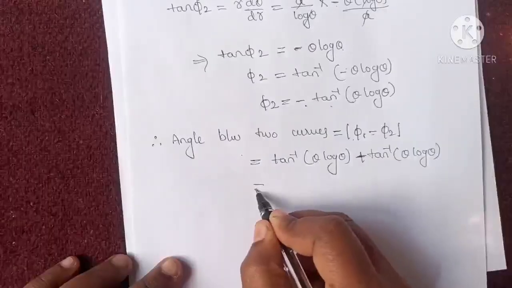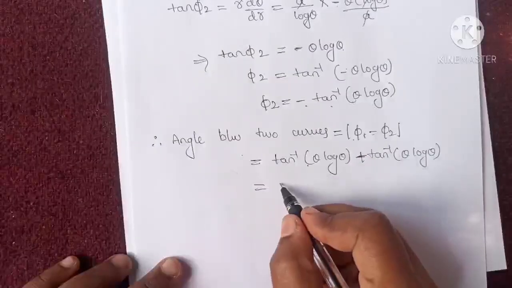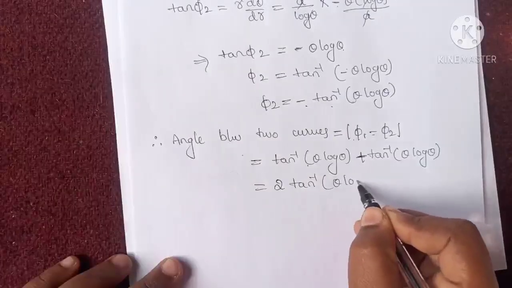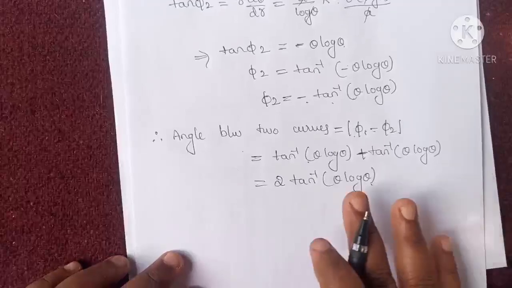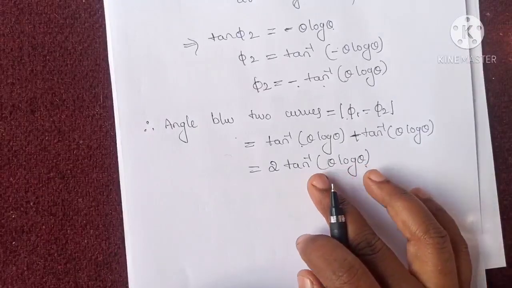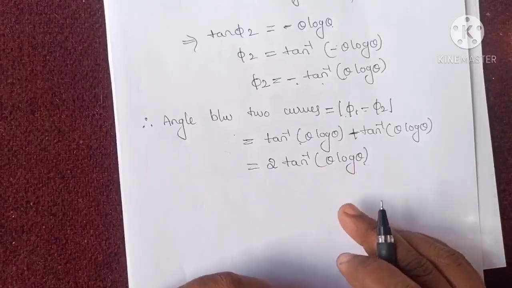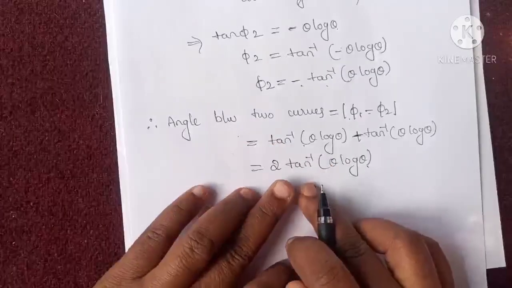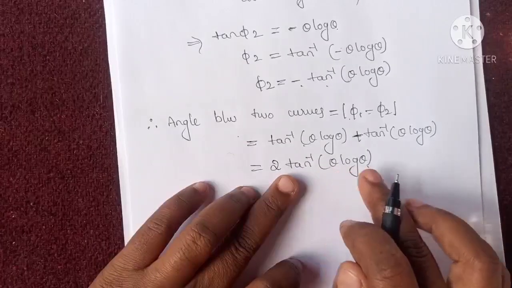You can observe that we got two equal terms, therefore it can be written as 2 tan inverse of theta log theta. Okay. Now here we have to remove this theta term because it contains theta. In order to get the angle between two curves, we have to remove these theta terms.